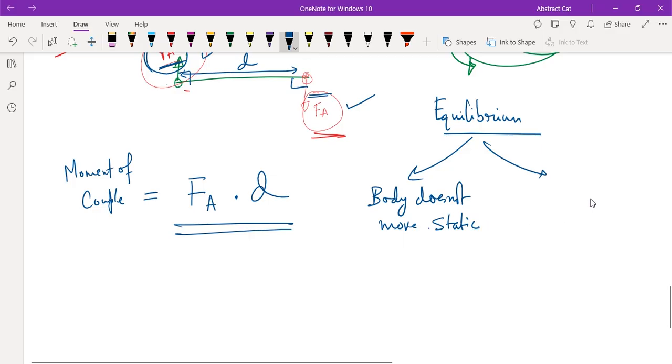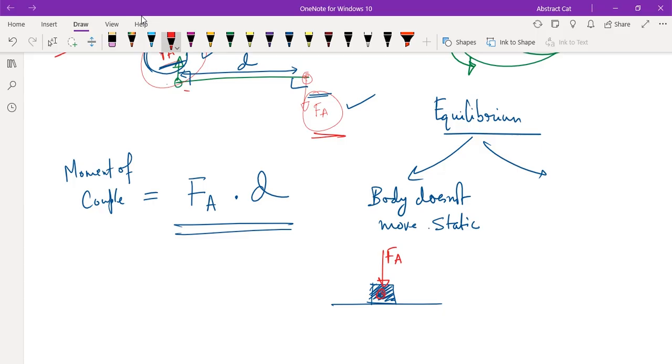When a body is at rest, take an example: there is a table and a body. Suppose a force is applied in the downward direction, a huge force.